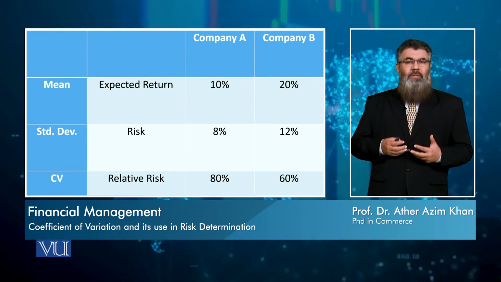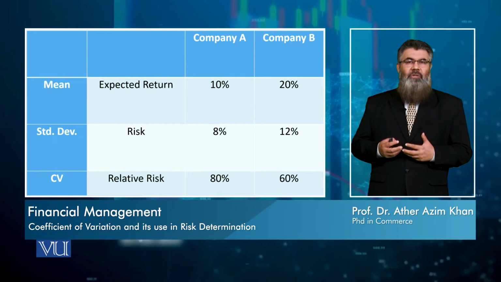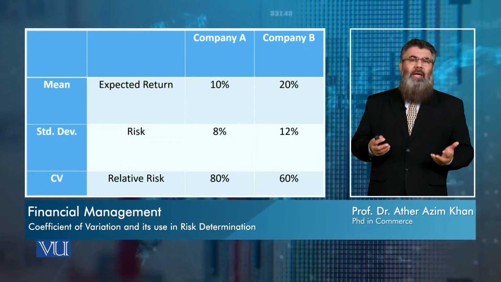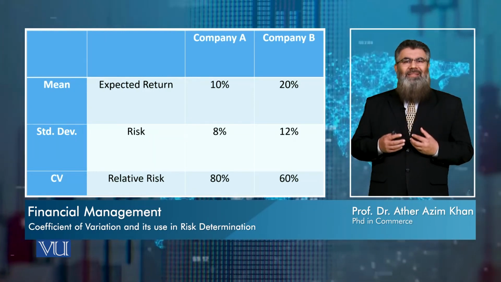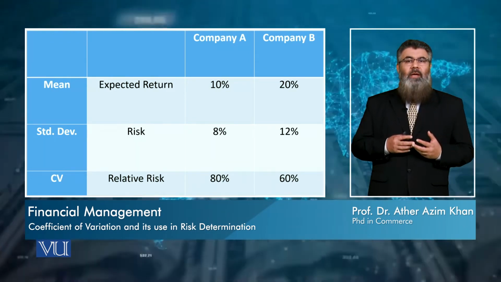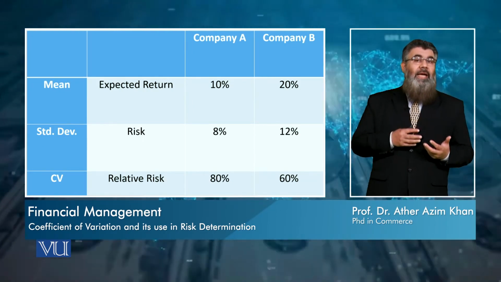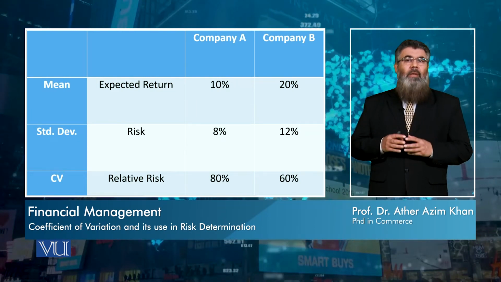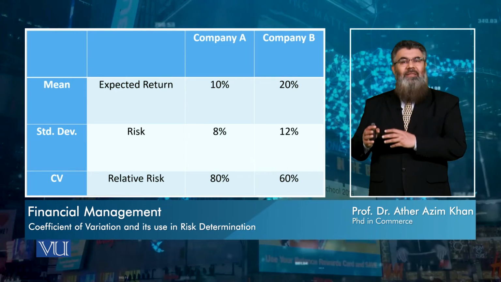When it comes to risk, the risk of company A is 8%, that is the probable deviation, and that of company B is 12%. अब जो मैंने शुरू में बात कही कि अगर हम एब्सोल्यूट टर्म्स में देखें तो कंपनी बी बज़ाहिर ज़्यादा रिस्की इन्वेस्टमेंट नज़र आती है कंपनी ए के मुकाबले में, क्योंकि कंपनी बी का रिस्क 12% है और कंपनी ए का रिस्क 8% है. तो अगर हम एब्सोल्यूट एनालिसिस तक महदूद रहेंगे तो हम ये फैसला करेंगे कि कंपनी बी क्योंकि ज़्यादा रिस्की है तो इसमें इन्वेस्ट नहीं करना चाहिए.